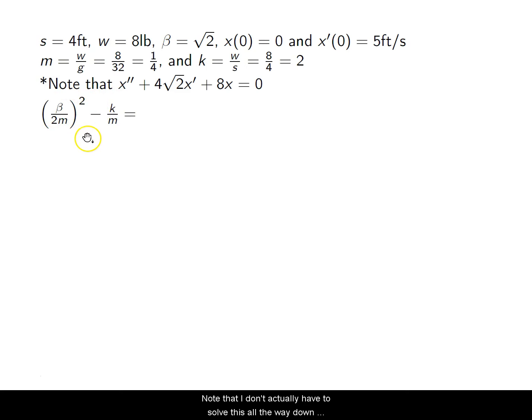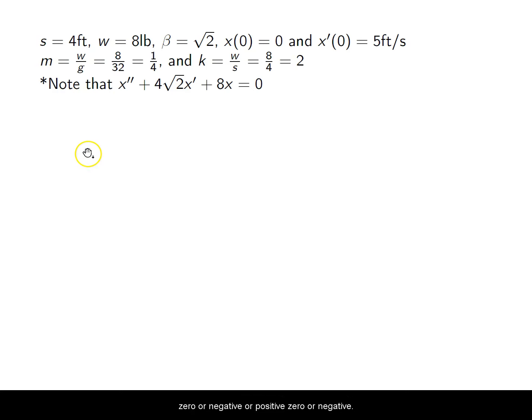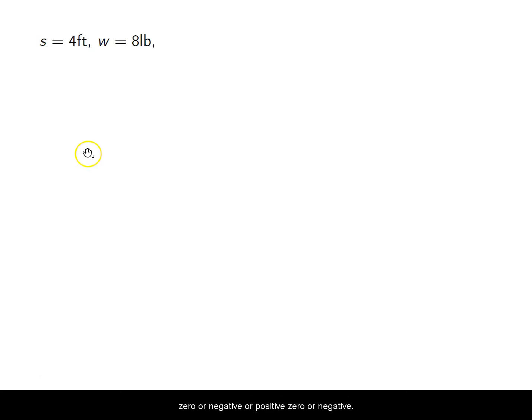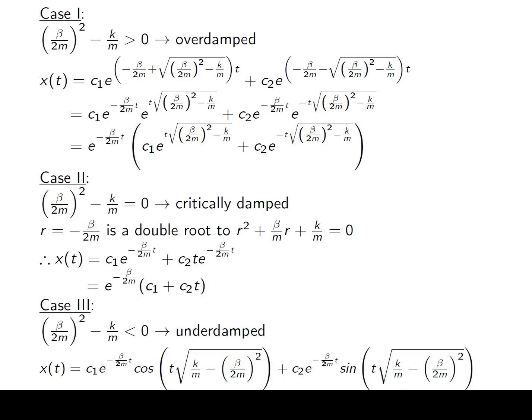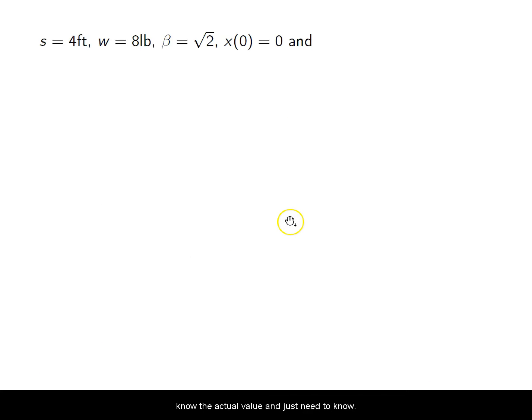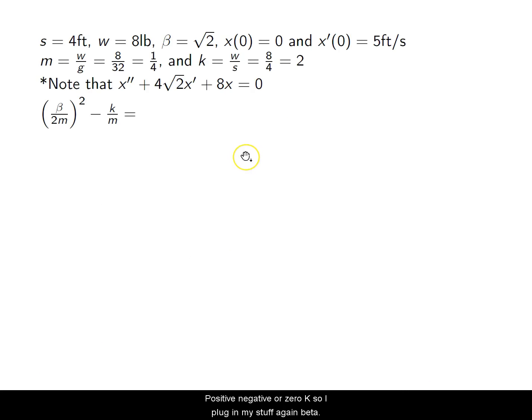Note that I don't actually have to solve this all the way down. It'll be nice though, because I'm going to use this value later, but I don't have to. I just need to know: is it positive, 0, or negative?